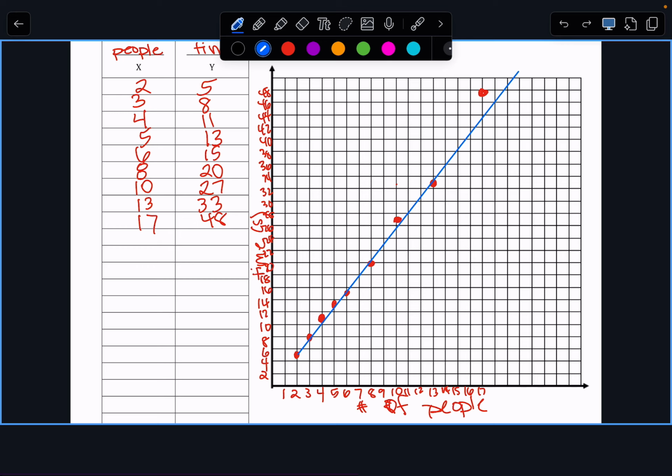Does that look better? Do the fifth one. Okay. I think this one looks okay.